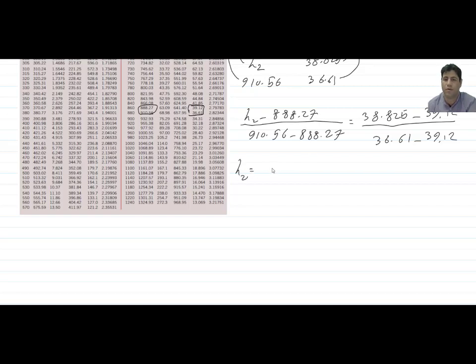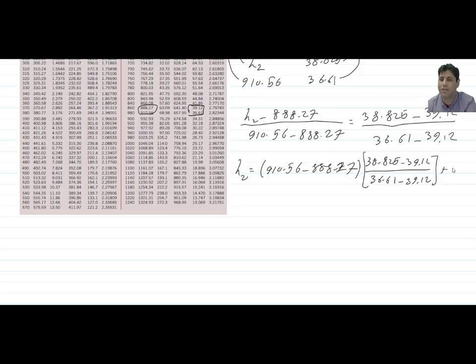H2 will be equal to 910.56 minus 888.27 times 38.825 minus 39.12 divided by 36.6 minus 39.12, plus 888.27.